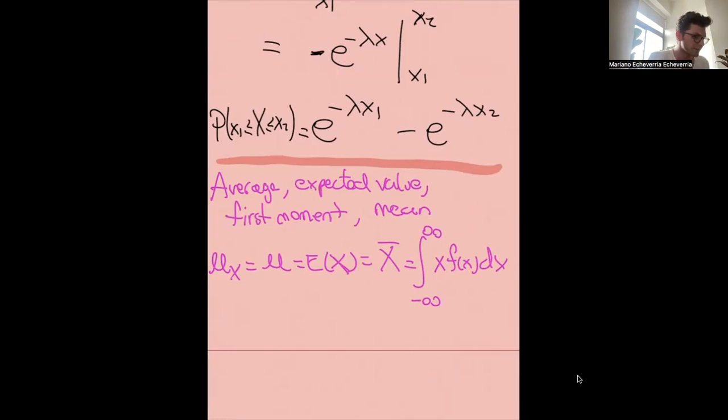Or yeah, let me write it like that. And you should compare this with the formula in the discrete case, which was the sum from i equals 1 to I of x_i p_i, right? So in a sense it's the most straightforward continuous version of that you could make. Okay.